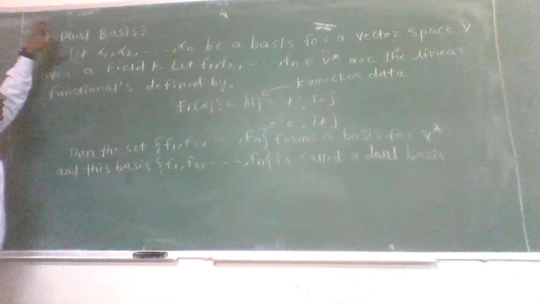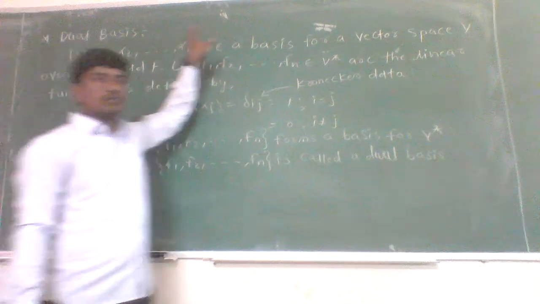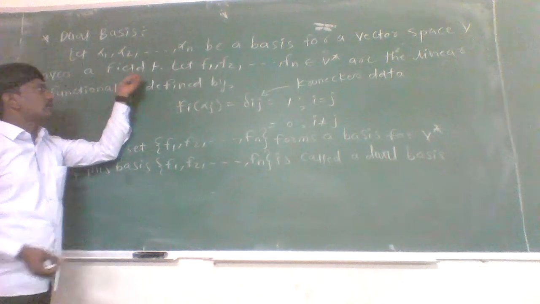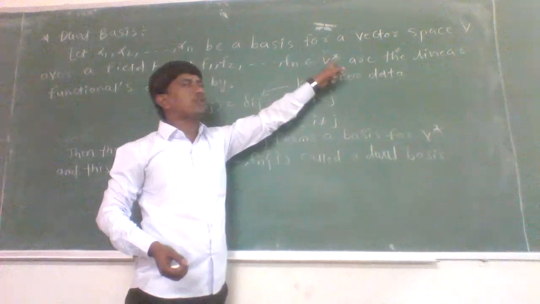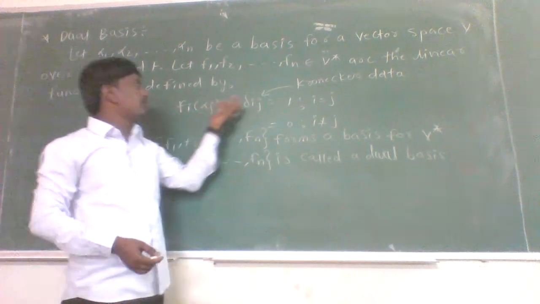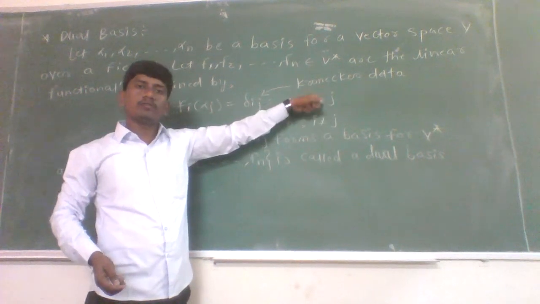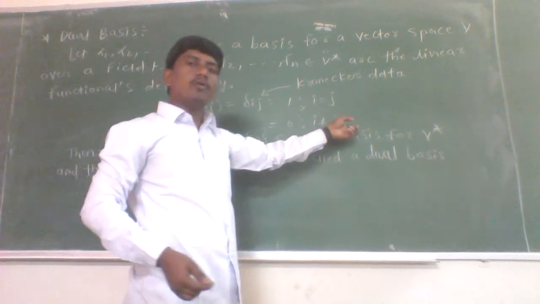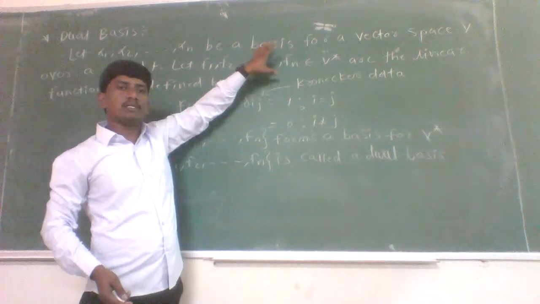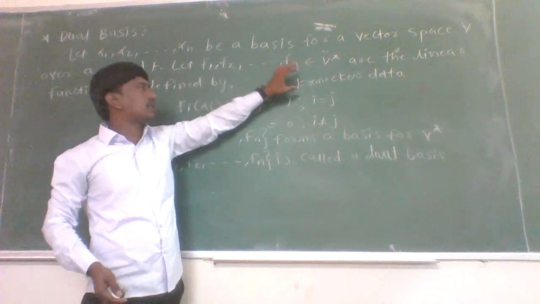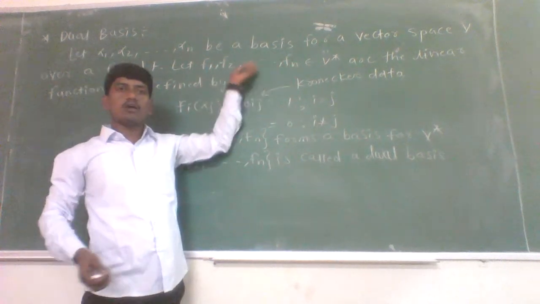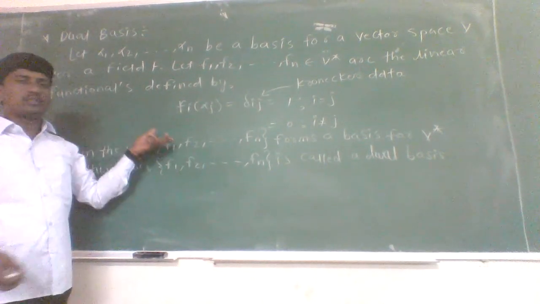So dual basis is nothing but, if we are given a basis for a vector space V over F, that is, the basis elements alpha 1, alpha 2, up to alpha n, then the collection of n linear functionals f1, f2, up to fn belonging to V star defined by f i of alpha j equal to delta ij, which is equal to 1 whenever i is equal to j and equal to 0 whenever i is not equal to j, forms a basis for the dual space V star. Then this new basis which contains n elements f1, f2, up to fn is called a dual basis for the vector space V star.